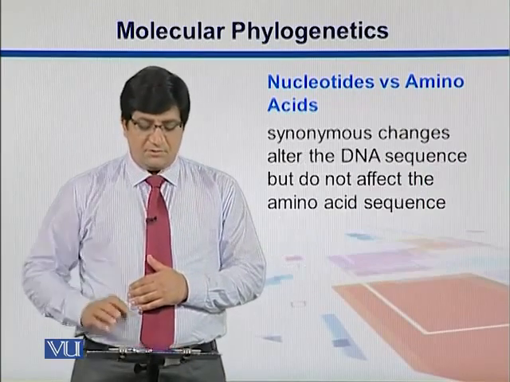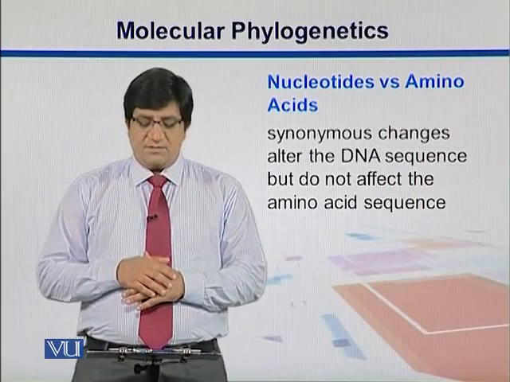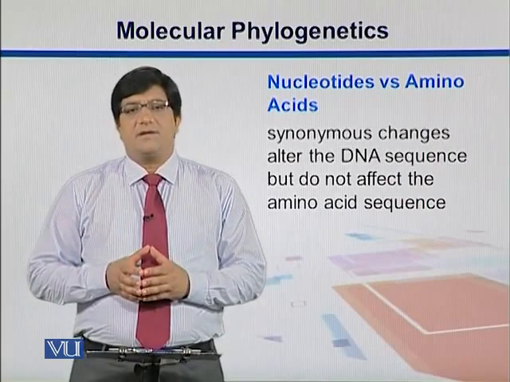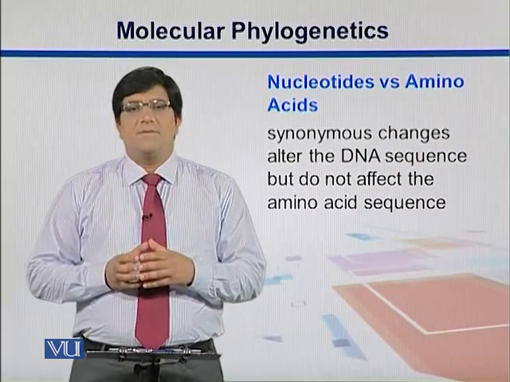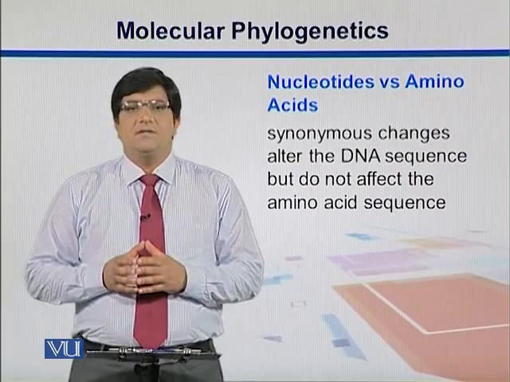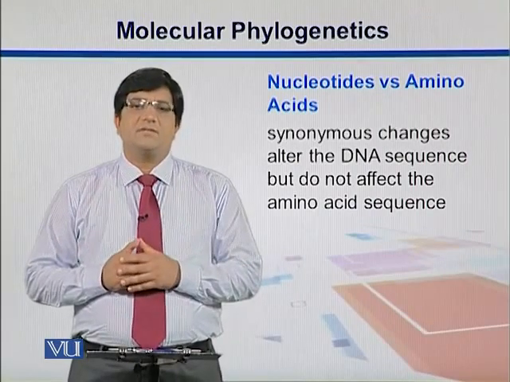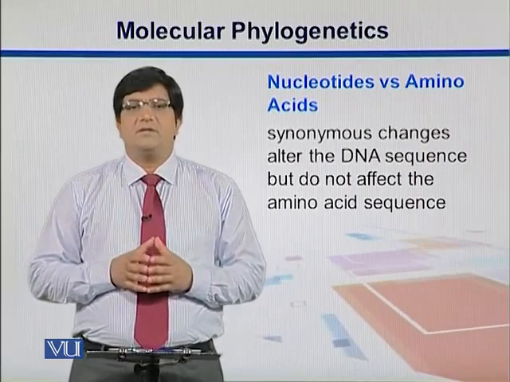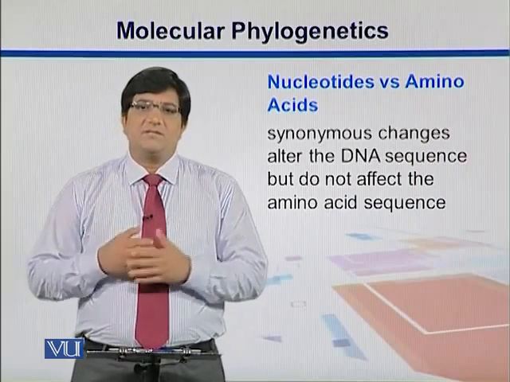How? Let's look into it with this example. So we see that there are some synonymous changes. Synonymous changes are where we can have amino acids which are coming from different codons which are present in the DNA. So we might have differences between the nucleotides, but since the amino acids are shared by different codons, the amino acids remain the same.